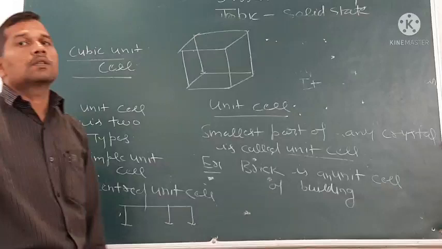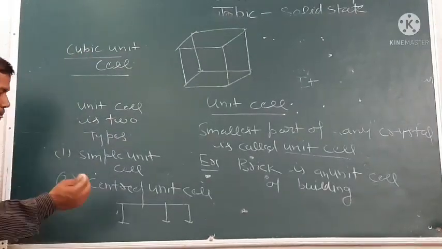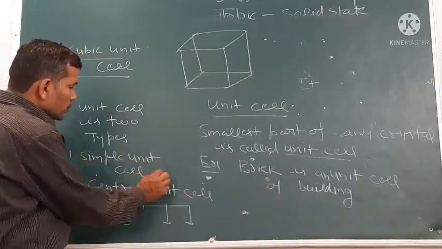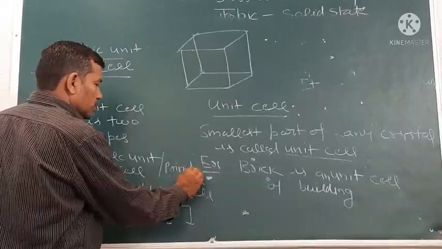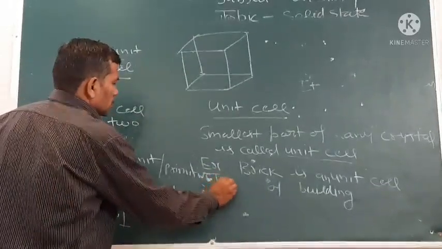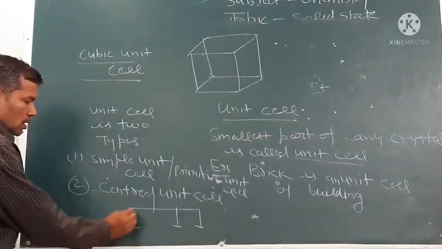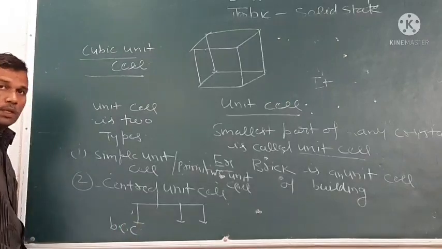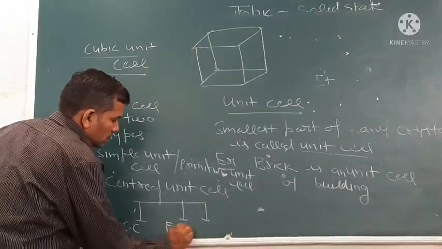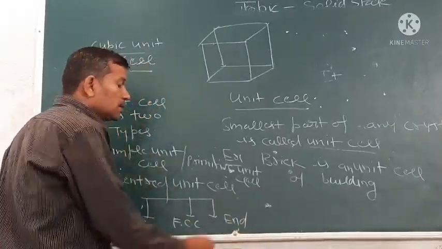The simple unit cell is also called the primitive unit cell. The centered unit cells are BCC, FCC, and end-centered cubic unit cell.